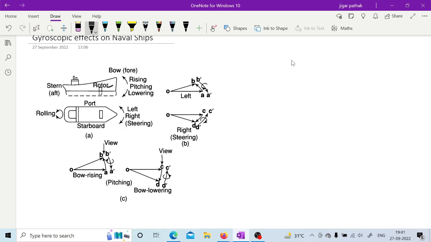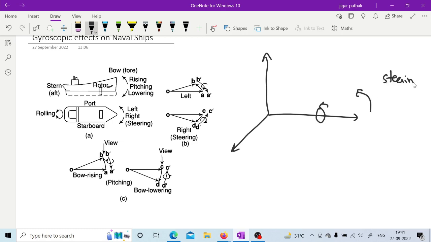Now what is happening in case of this particular naval ship is, if you see this, this may be the rotor. Whenever your naval ship is steering towards left or right, it will be the precession axis, right?